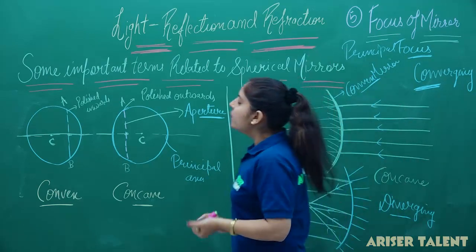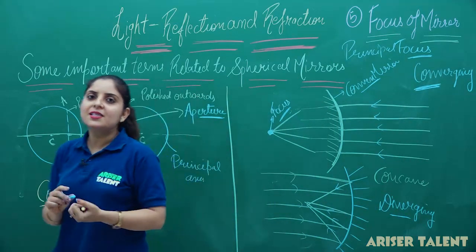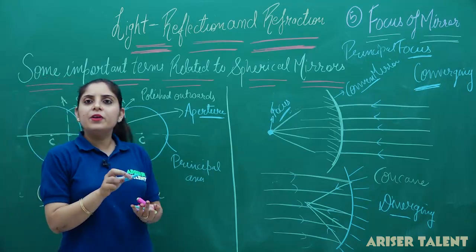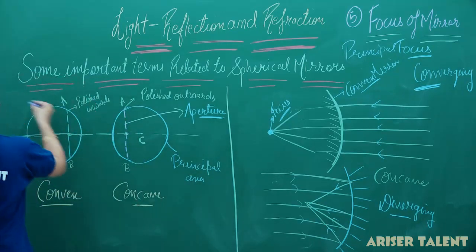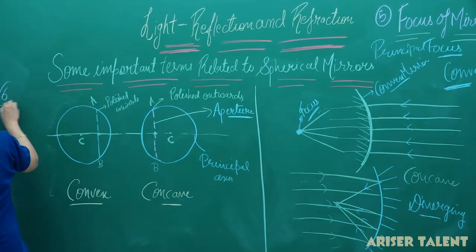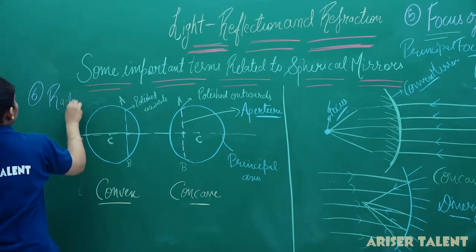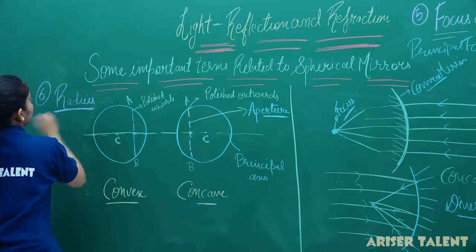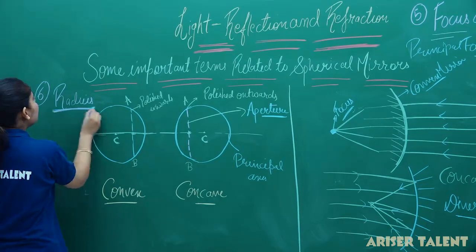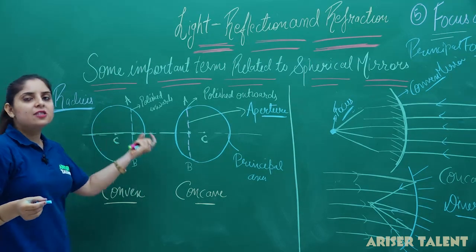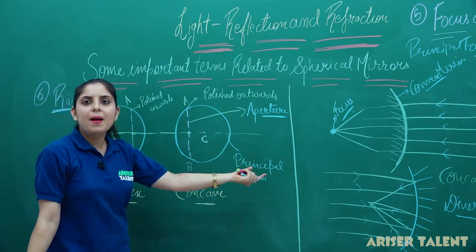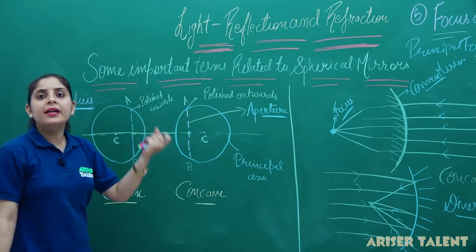Now, this will be our fifth term. Now, let's move to the sixth term we have. The sixth term is about the radius of the mirror. Now, what will be the radius of the mirror? The radius of the sphere of which the mirror is a part is known as the radius of the mirror.